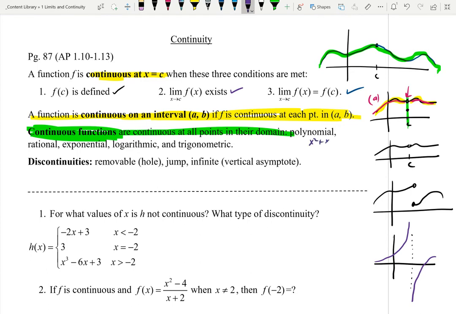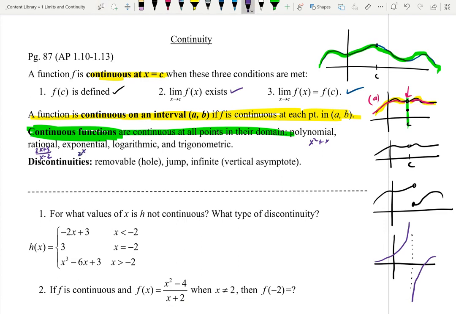Rational functions, they're continuous everywhere in their domain. Now, if a number like 2 is not in the domain of this function, the function would be discontinuous at that point, but for a function to be classified as continuous, it only has to be continuous at the points in its domain.